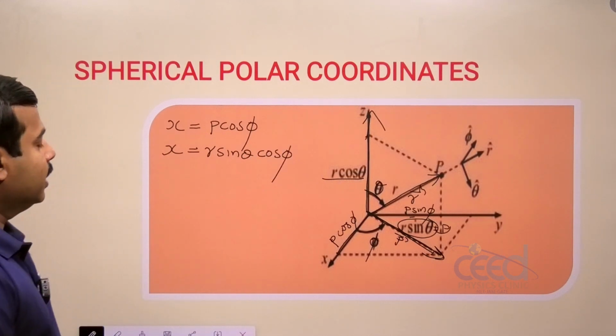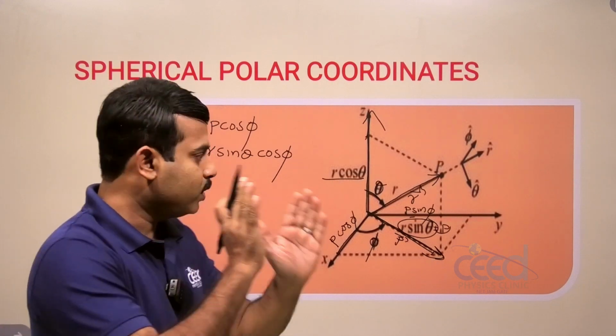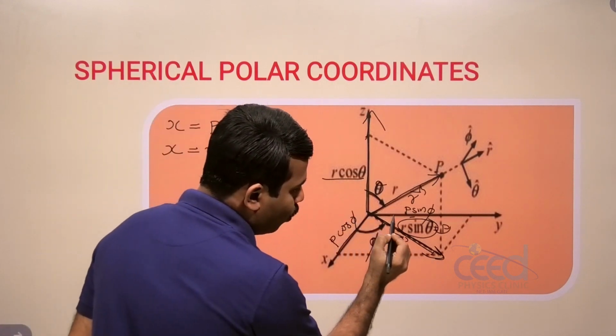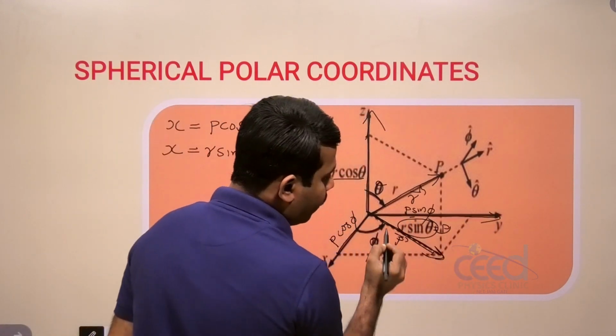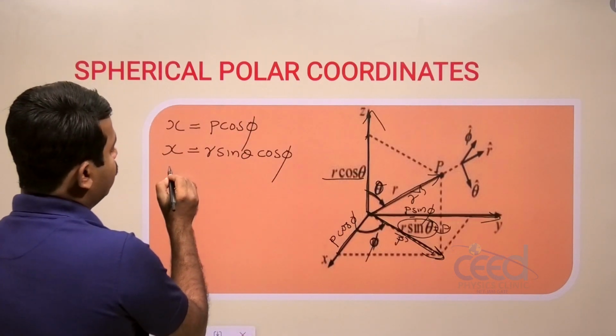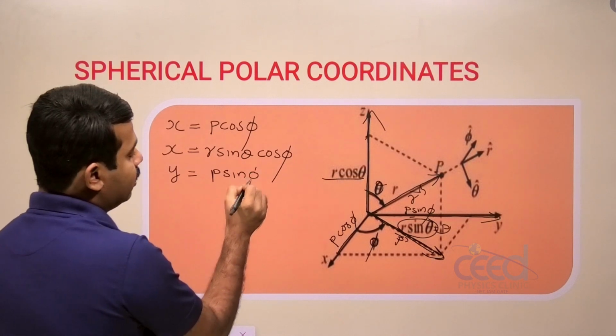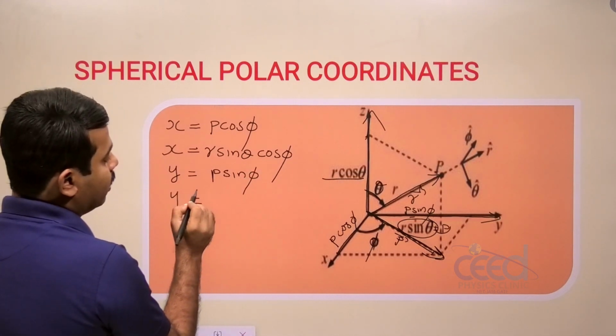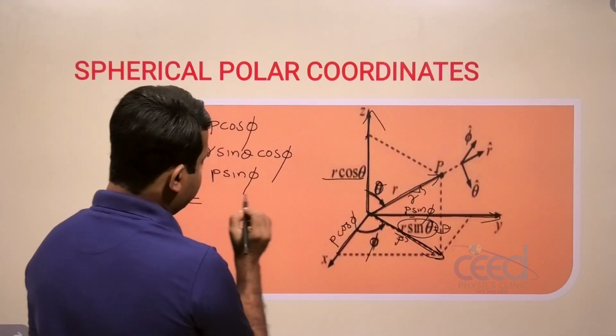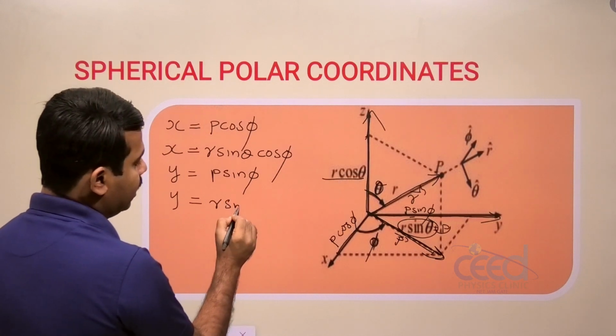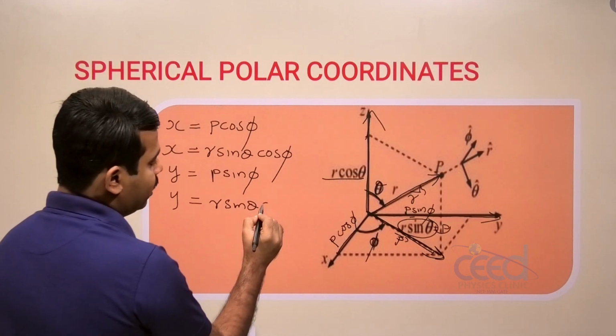Next, what is y? This is our y direction. y is equal to p sin phi, and p is again r sin theta, so y is r sin theta sin phi.